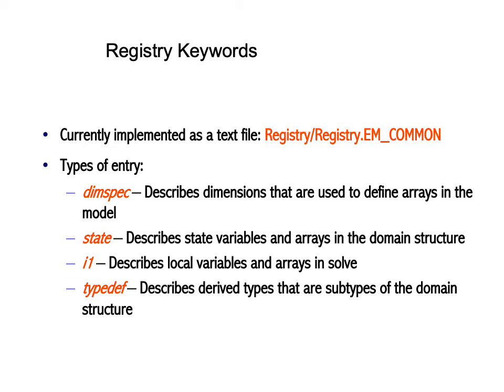State is a keyword that is used to define arrays and variables that are inside of the domain structure. The domain structure includes variables that are meteorologically oriented, wind, temperature, moisture, pressure, associated with the projection, such as latitude, longitude, variables that came from GeoGrid, such as the static information, topography, land categories.